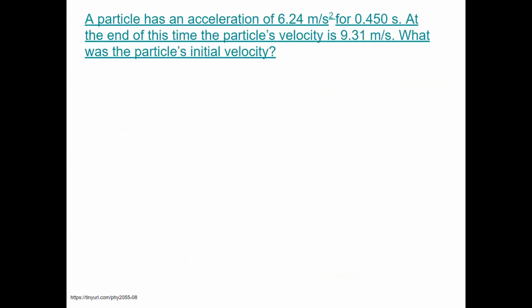All right. So let's take a look at the first exercise problem here. A particle has an acceleration of 6.24 meters per second squared for 0.450 seconds. At the end of this time, the particle's velocity is 9.31 meters per second. What was the particle's initial velocity?